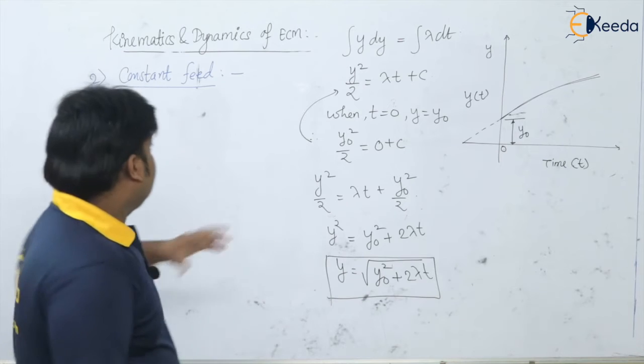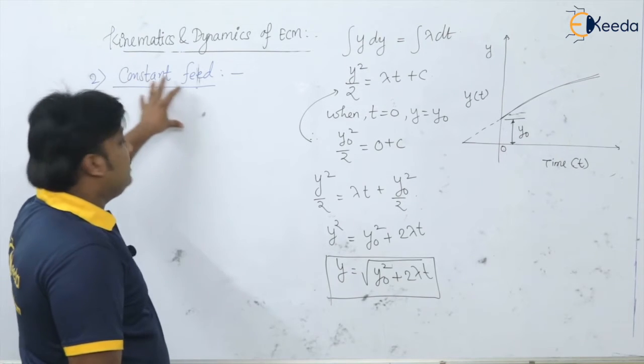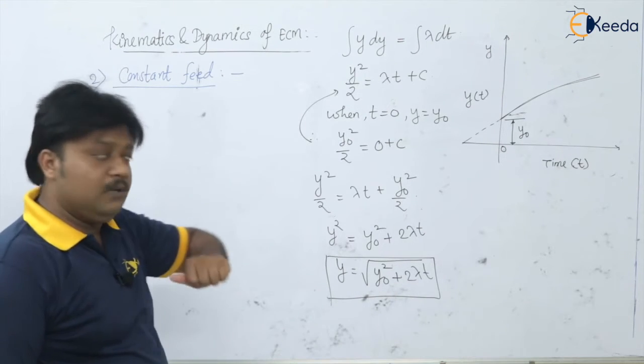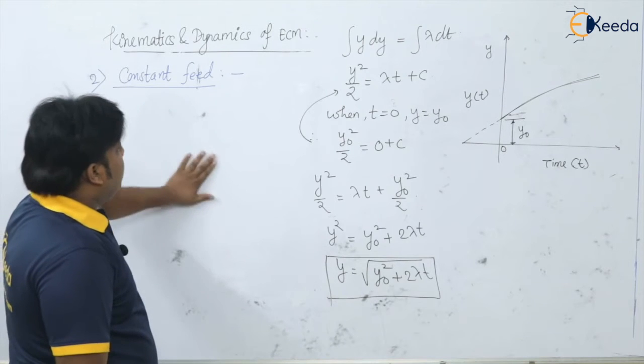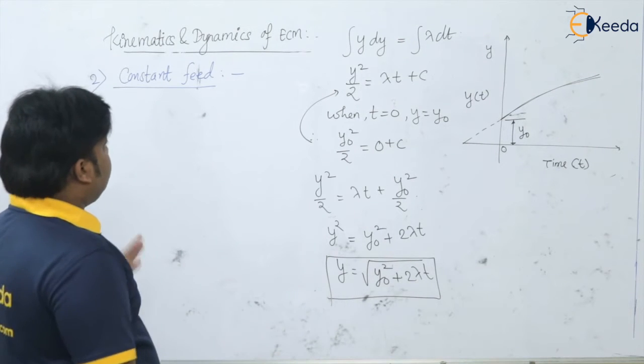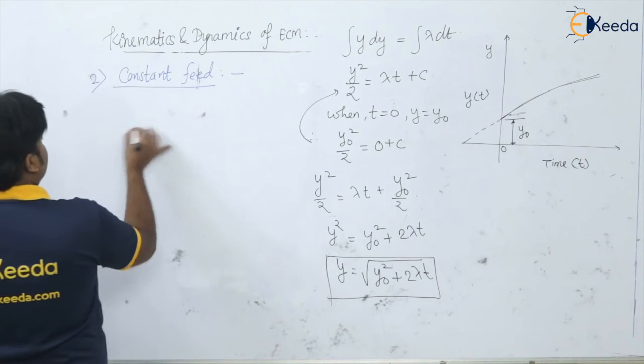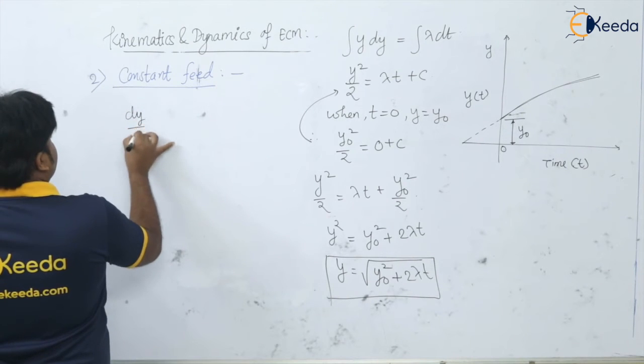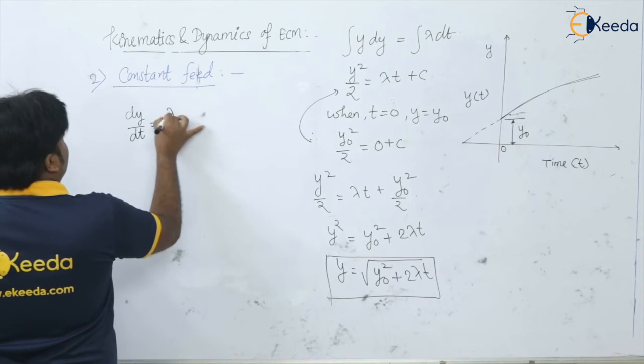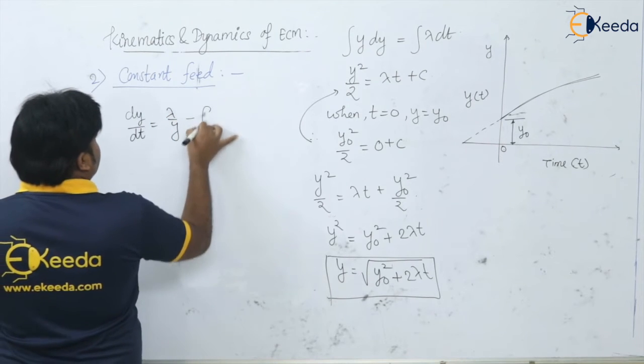Otherwise, the non-uniform or variable feed is not actually desirable in case of electrochemical machining. When I am saying the constant feed, what was the equation of dynamics? That is dy by dt is equal to lambda by y minus f.